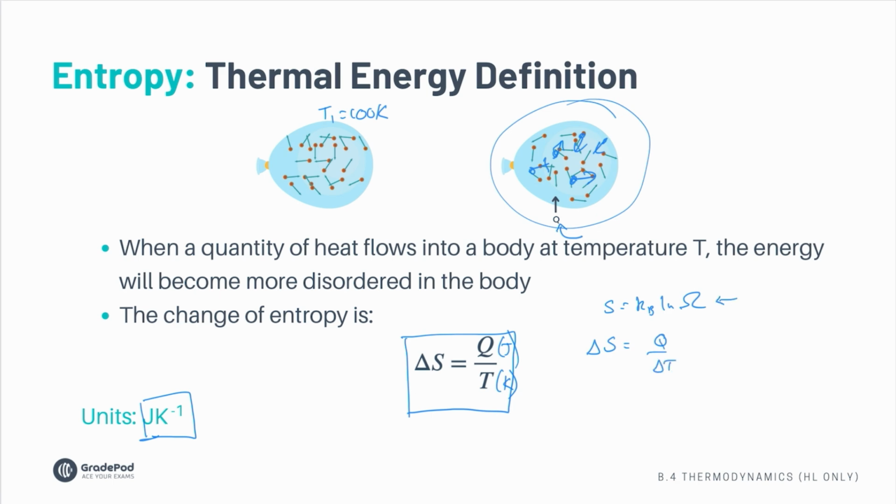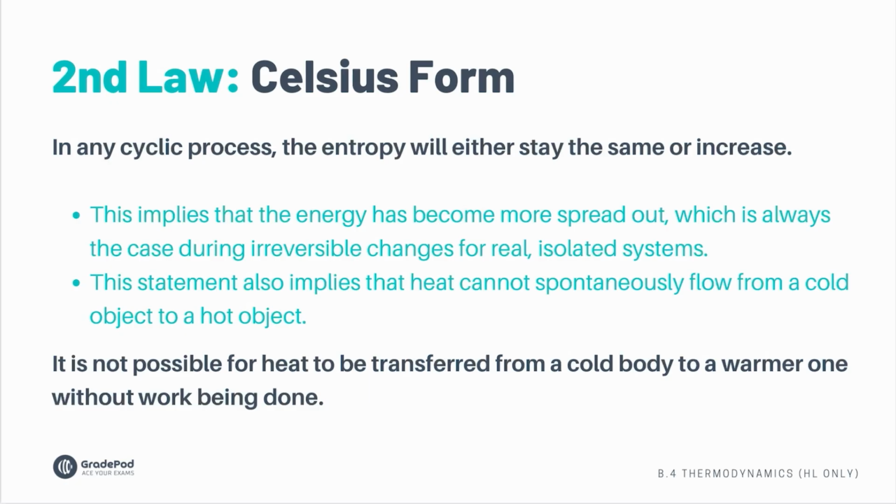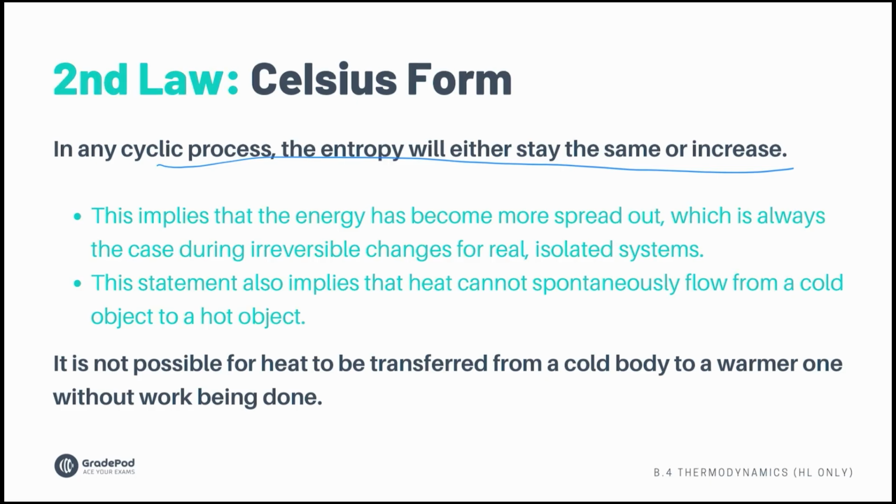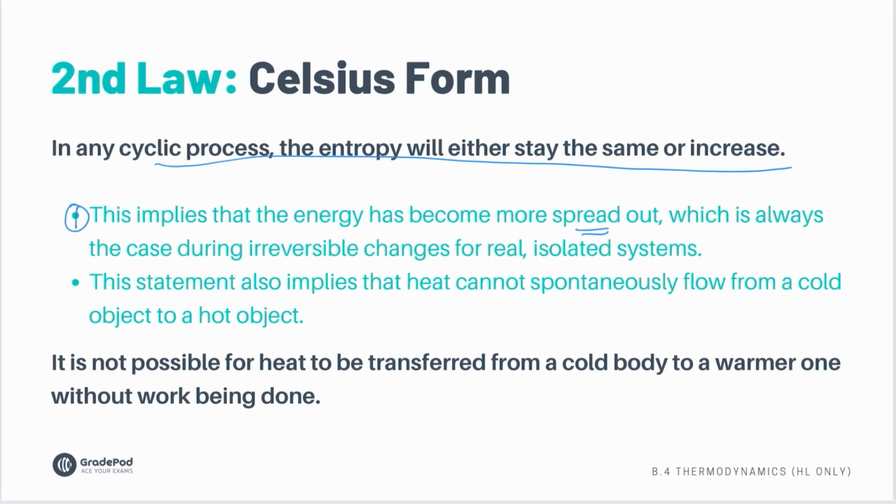This allowed Lord Kelvin to come up with his version of the second law of thermodynamics, and this allowed Clausius to come up with his version of the second law of thermodynamics. So Clausius started off with the idea that in any cyclical process, the entropy will either stay the same or increase. And from that, he made two implications. The first implication is that energy has become more spread out.